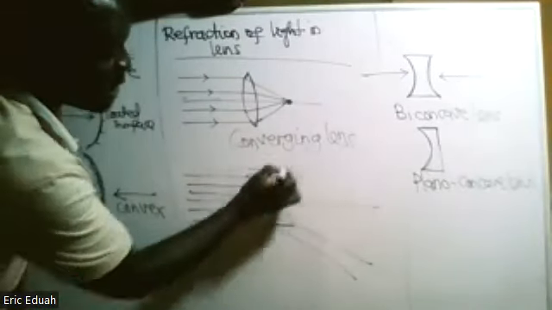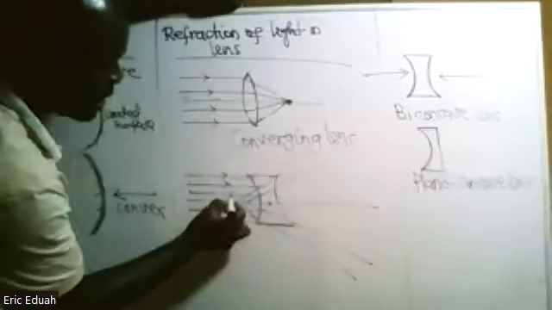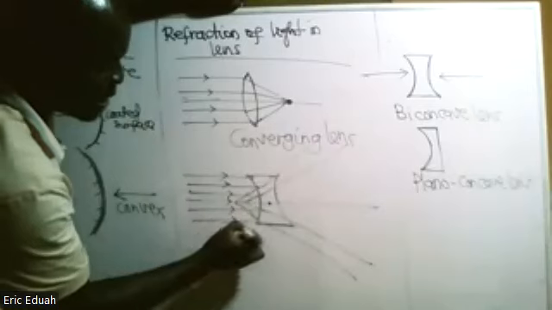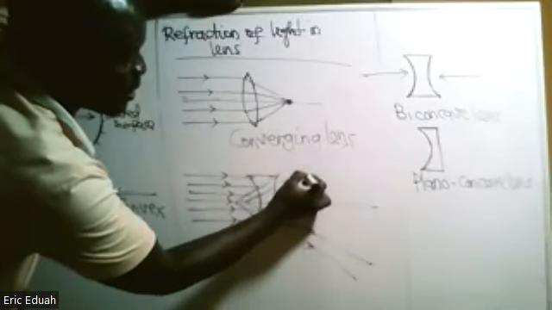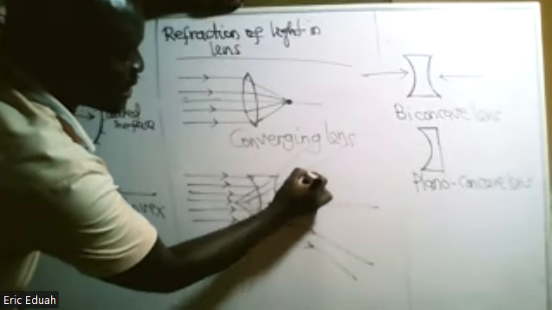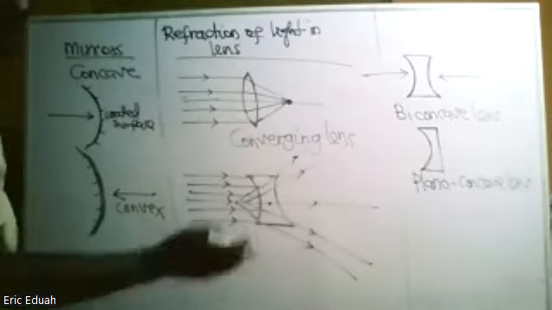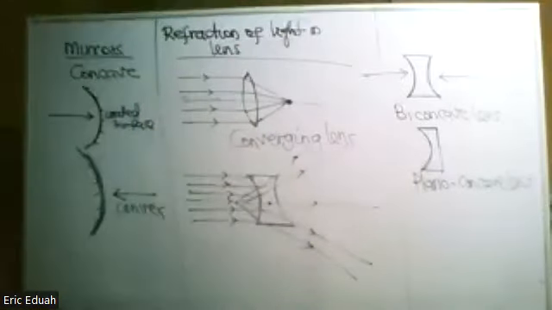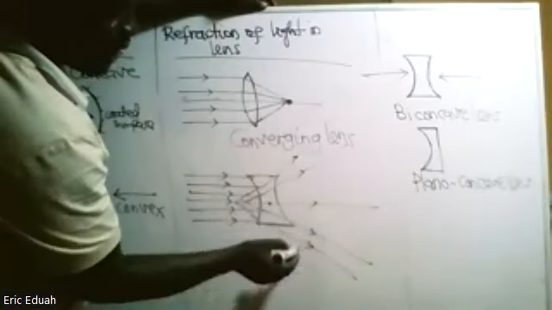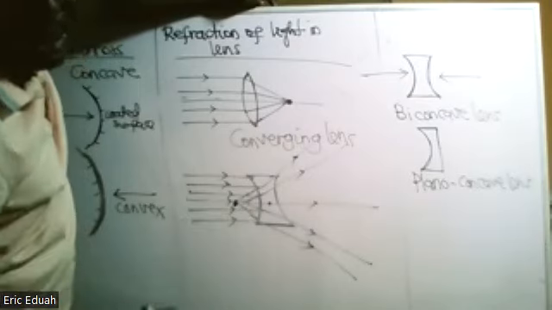So this is the incident ray. This is refracted. You see, the refracted rays are diverged. They spread out, but they all appear to be diverted from a point. We'll come to the technicalities.